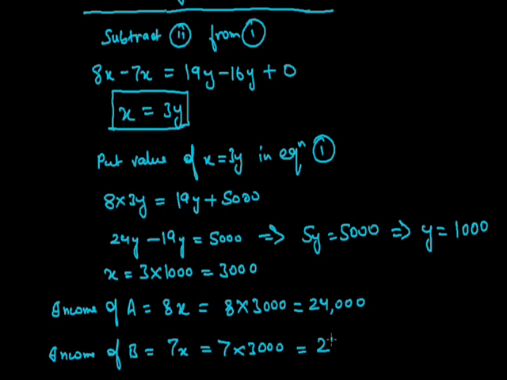So I will get 21,000. These are the incomes of A and B, which were needed as asked in the question. This is the way to solve the question, and the most important thing is to understand and make the equation properly.